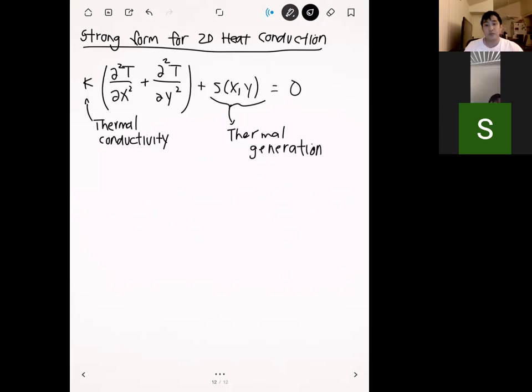There's a shorthand form for this, to help you avoid writing these derivatives so often, and it utilizes an operator that we just went over. That's the Laplacian.